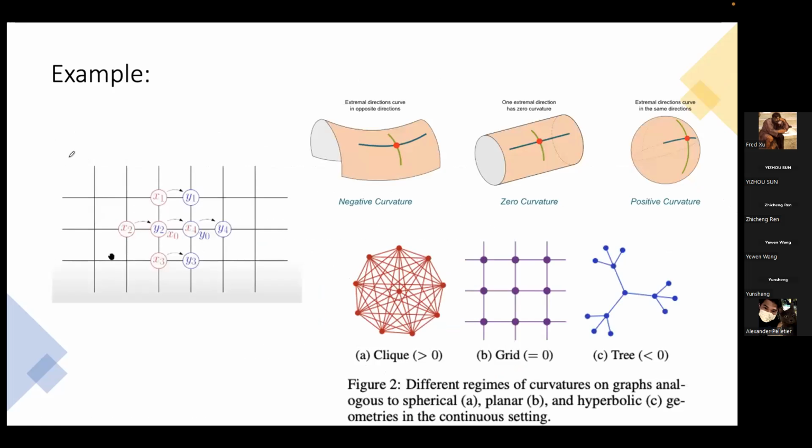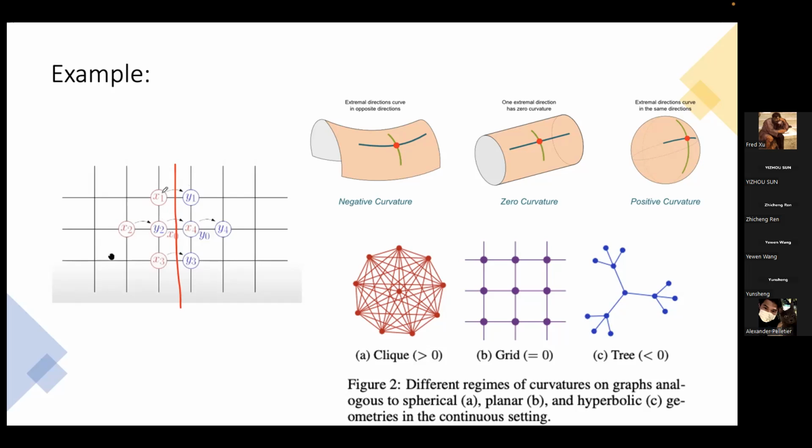So if we look at this left grid, and we look at this one in the middle, what would be the cost of transporting from this neighborhood to this neighborhood? In this case, you simply do a horizontal shift.